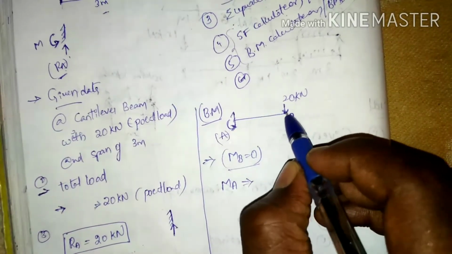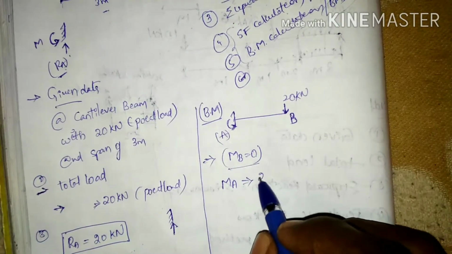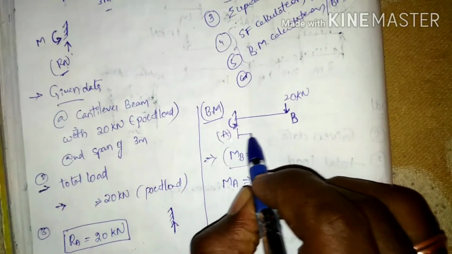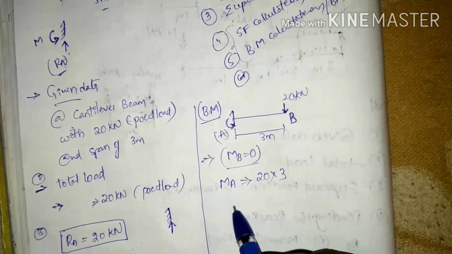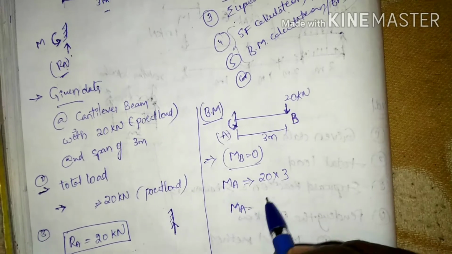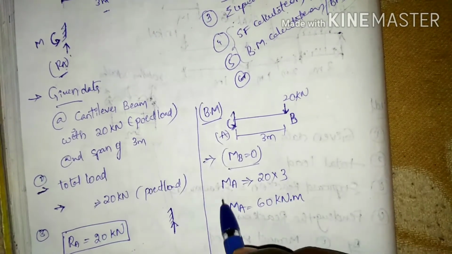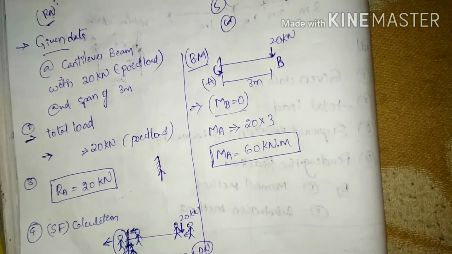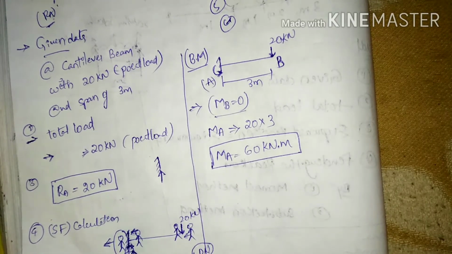This is acting in the clockwise direction: 20 into the span, which is 3 meters. MA is equal to 60 kilonewton meter. Units are very important in the exam. You have to practice writing the units when taking notes.